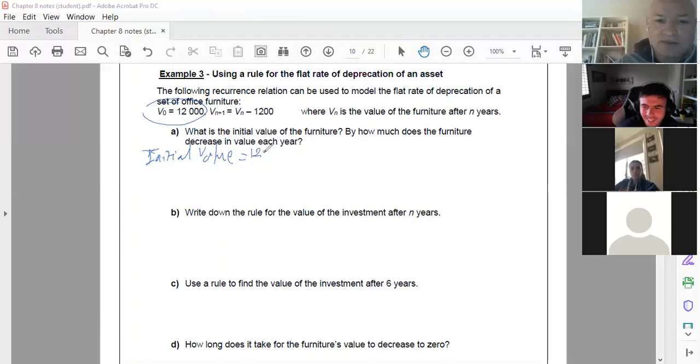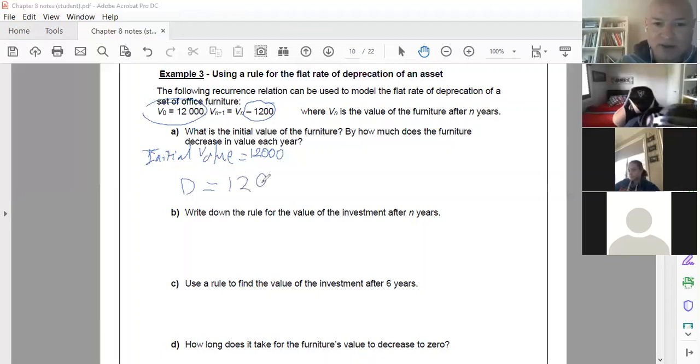Thank you very much. 3 zeros. Okay. Well, how much does the furniture decrease in value after every year? I'm just going to write that as D. So how much does it decrease every year? 1,200. Right, correct. We don't need to write the negative. The negative means it's decreasing. So it's going down every year, $1,200.